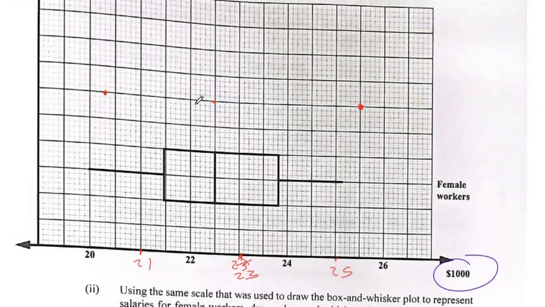Q2 was 23,700, so 23.7, which is 2 thin lines after 23.5. And Q3 was 24,150, so 24.15, which is just between 24.1 and 24.2.